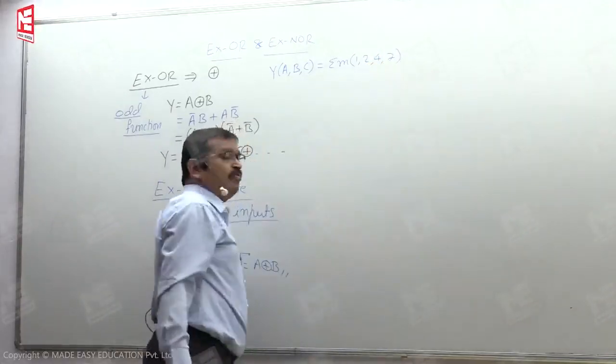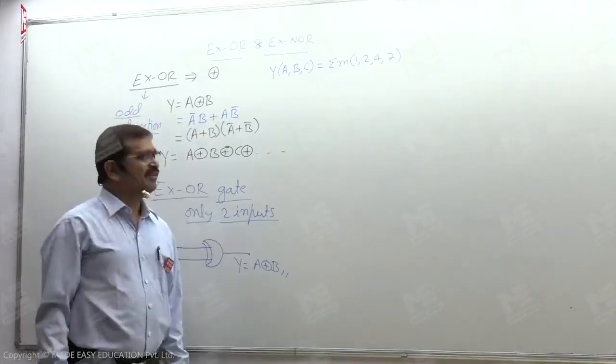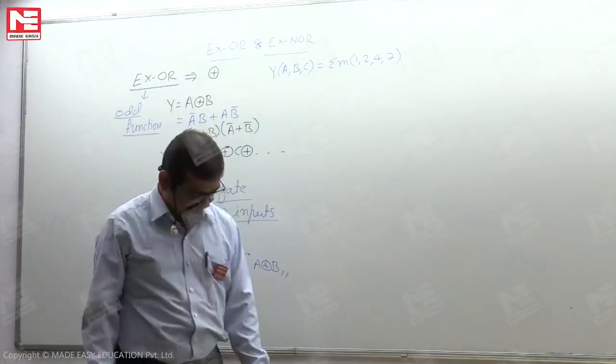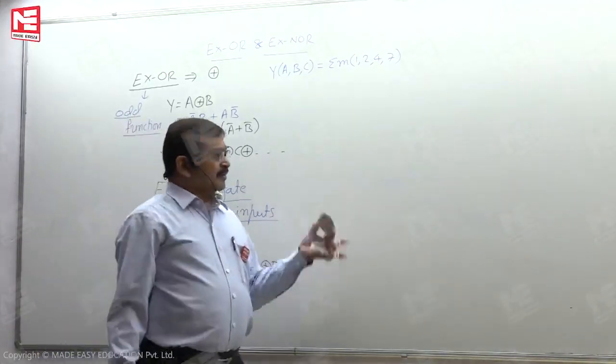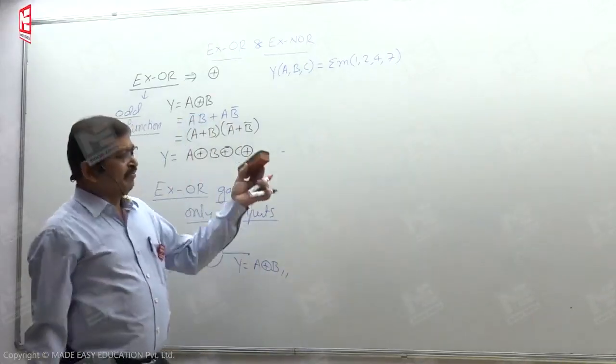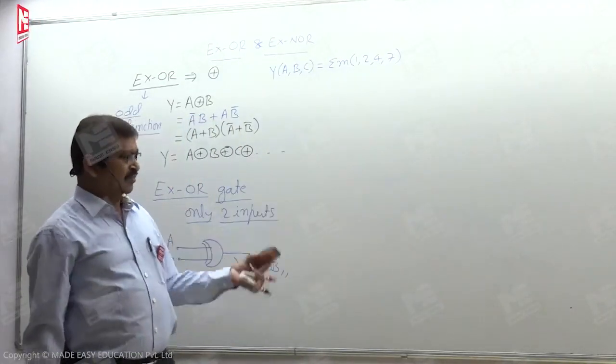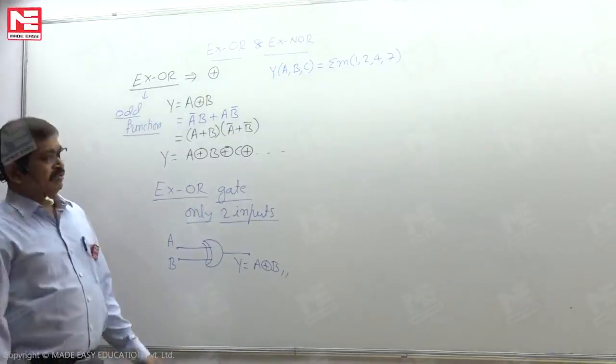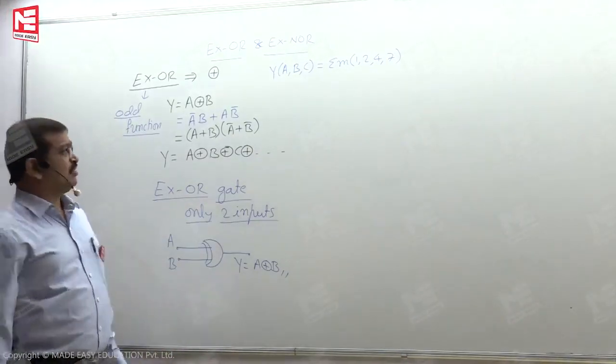Compact canonical SOP form is 1, 2, 4, 7. So, you can speak now, we must name it is an odd function. We must speak this is an odd function on 3 variables.